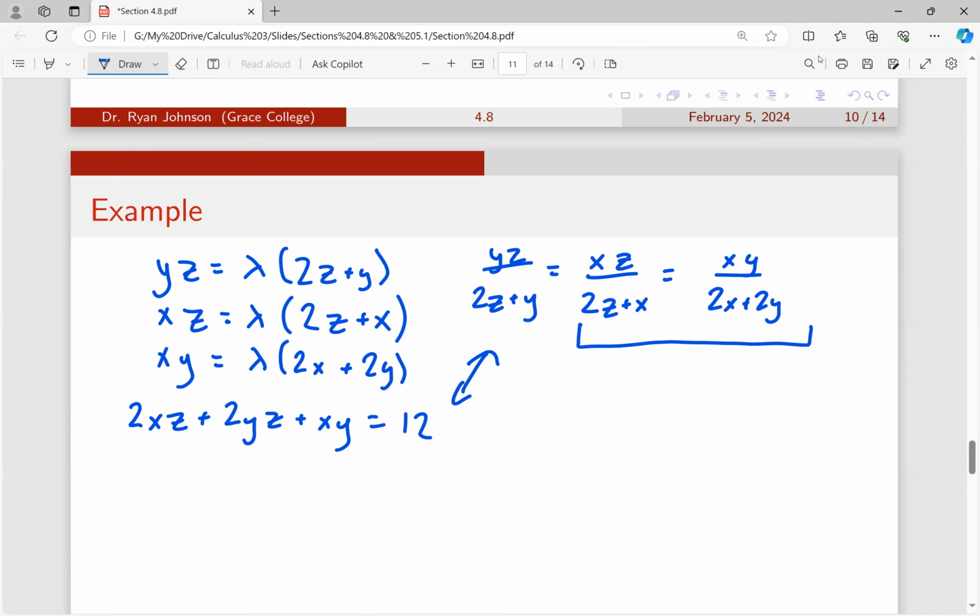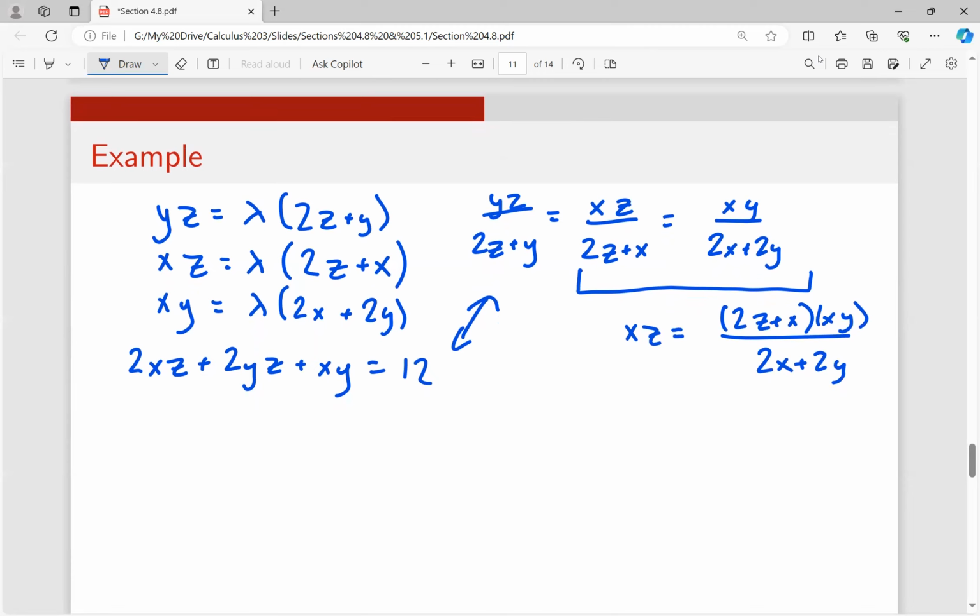So xz equals, multiplying both sides by the denominator, (2z plus x) times xy all over 2x plus 2y.